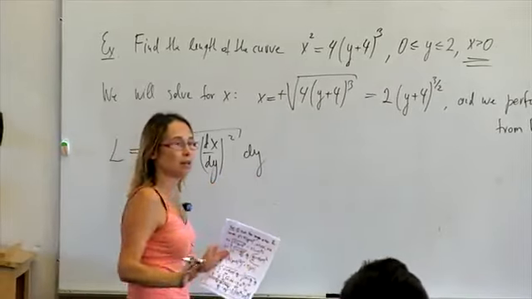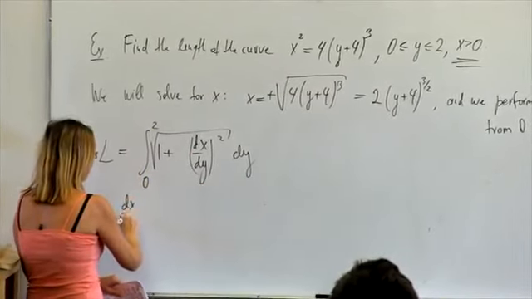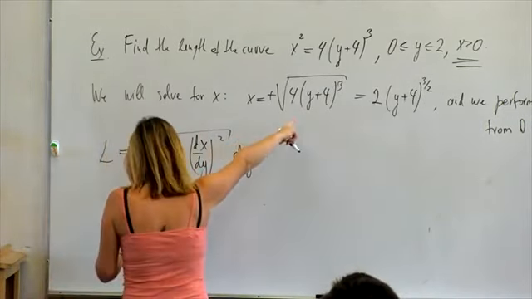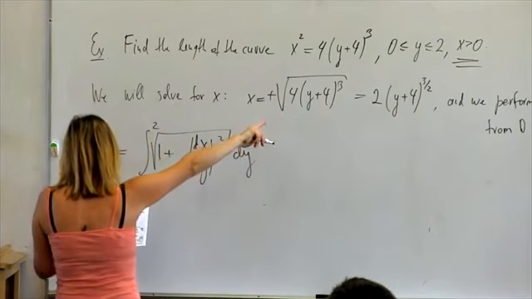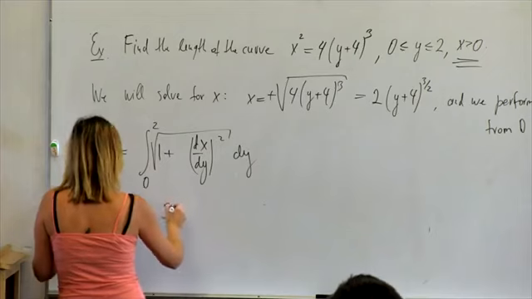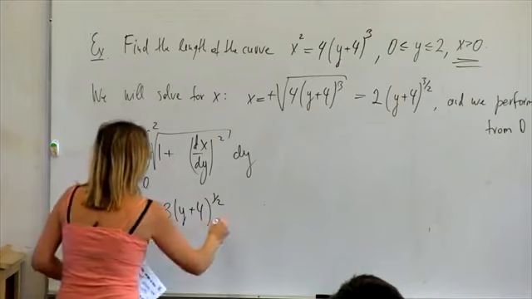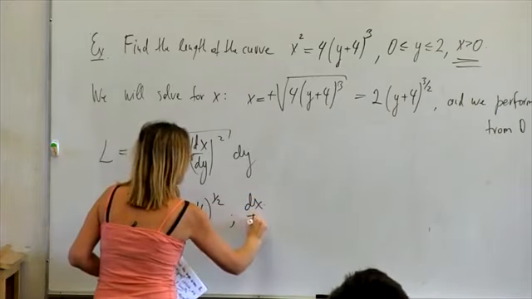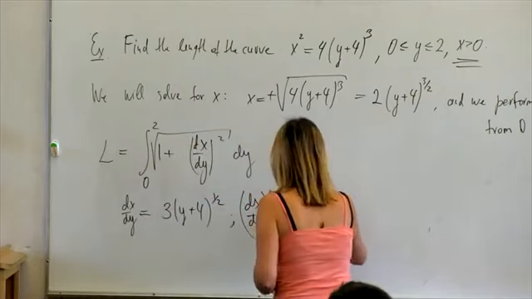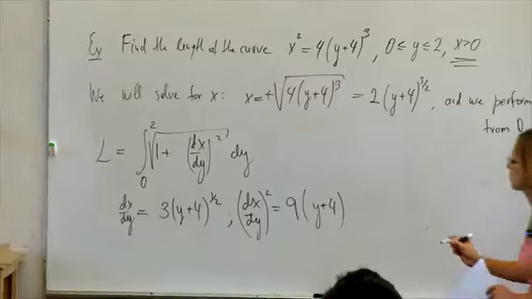So the next steps are standard. We start with dx/dy, so all the components of this formula. So we have to differentiate this equation. So we have 3(y plus 4)^(1/2). Okay. Next, (dx/dy) squared gives me 9(y plus 4), and the square root goes away.